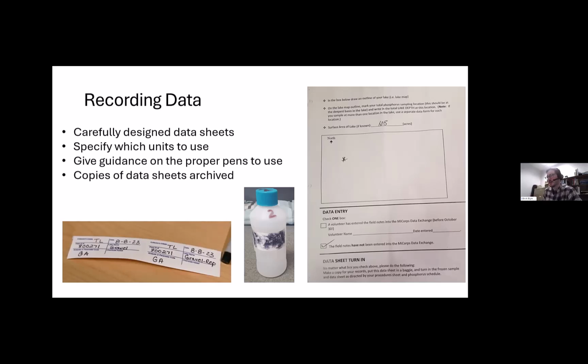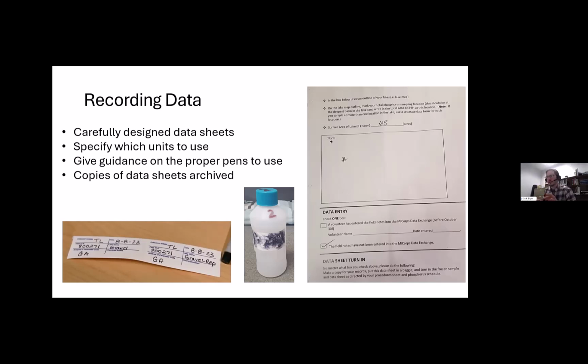And so we give specific guidance on what the proper pens are. So for example, fine tip Sharpies are wonderful. Once they're dry, they're typically there and don't run on this more glossy label that we put on our bottles. And so we know this, we give guidance.